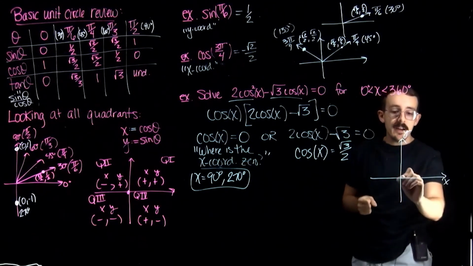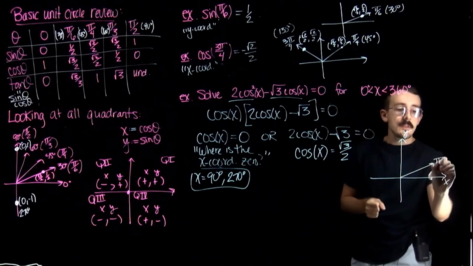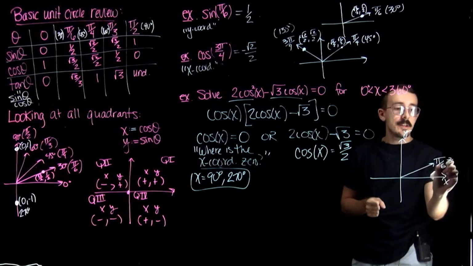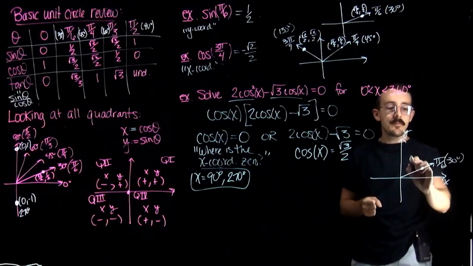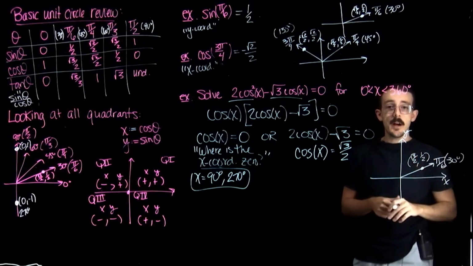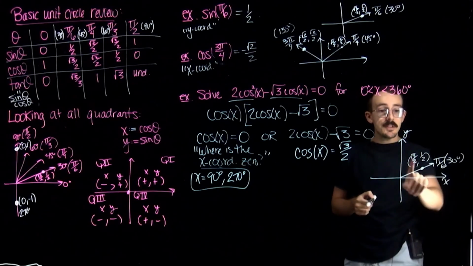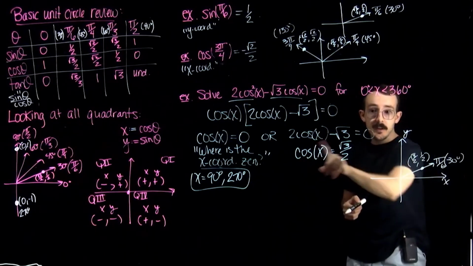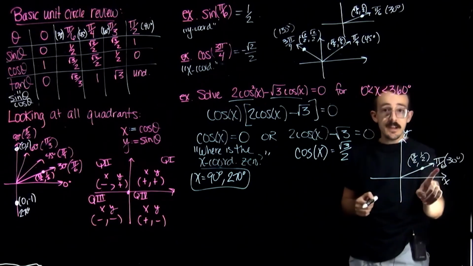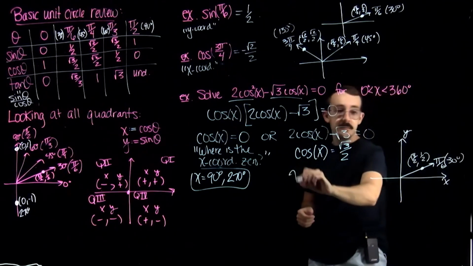That's going to be pi over 6. So at pi over 6, or 30 degrees, the coordinate here is root 3 over 2, comma a half. This is the one I'm interested in because the x-coordinate is root 3 over 2, and cosine is the x-coordinate. So they're both root 3 over 2. So this is one of my answers.